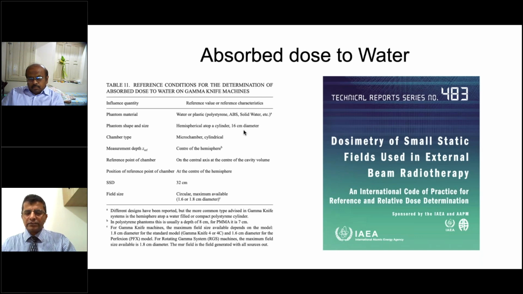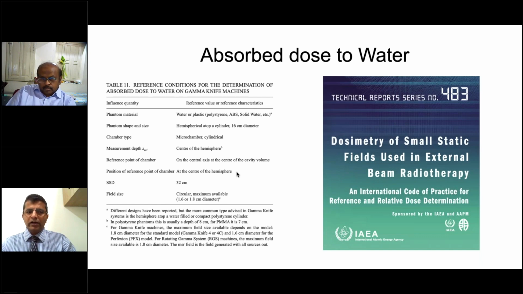Here the key difference is, in the previous versions of gamma knife, they were using a 1.8 centimeter field, that is an 18 millimeter collimator, as the reference field. But for Gamma Knife Perfexion or Icon, the reference field size is 16 mm, a 1.6 centimeter field size. That is a key difference.